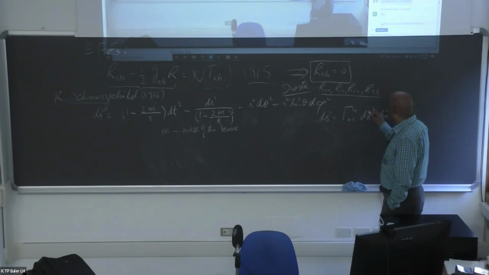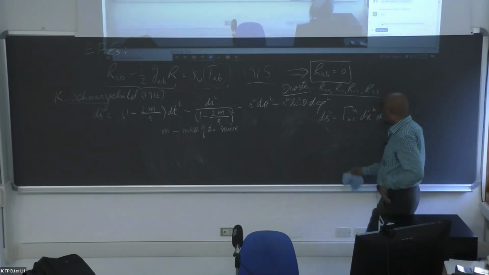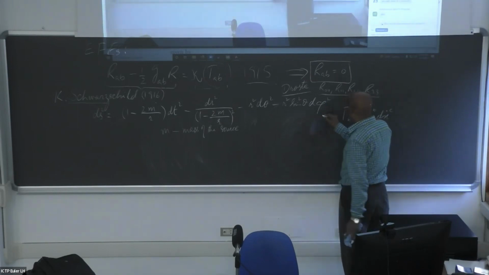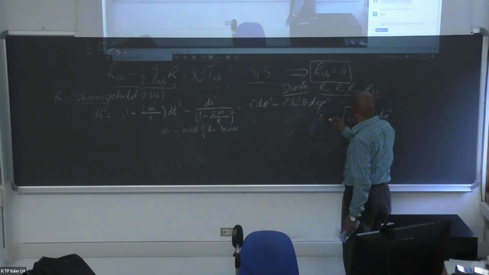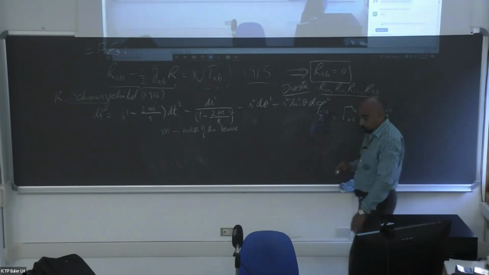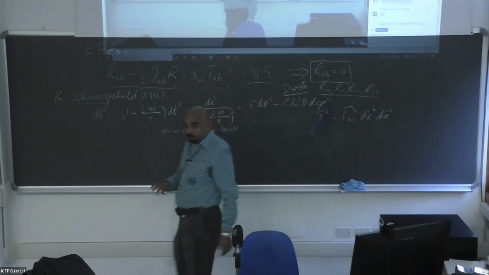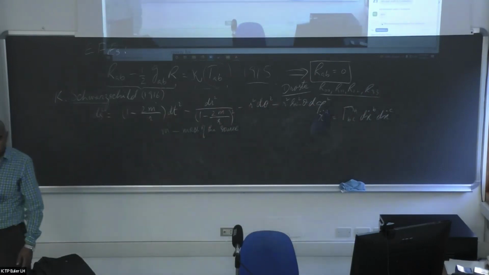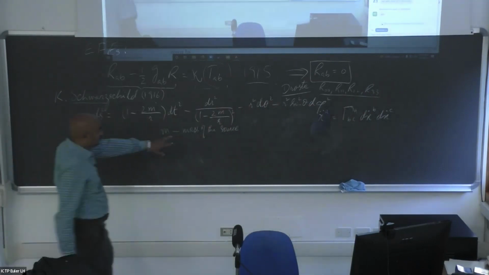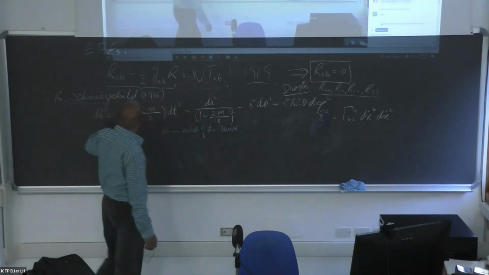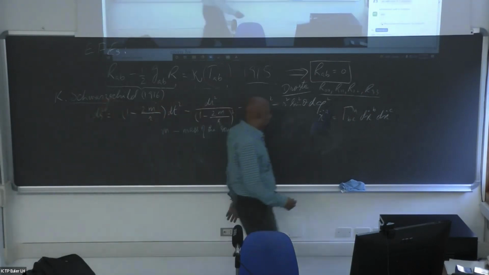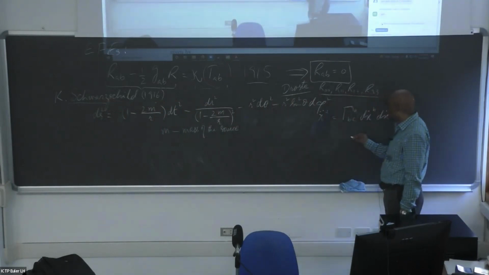Sorry, it's not ds square. This is the X double dot, the equivalent of acceleration in Newtonian mechanics. So it is the second derivative, but this derivative is with respect to the arc length s. I think I mentioned this last time also.